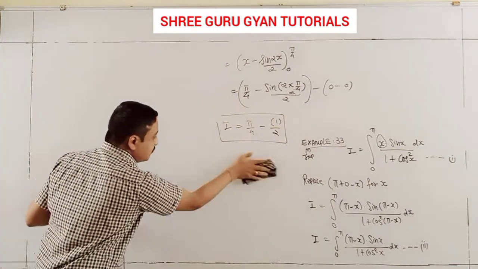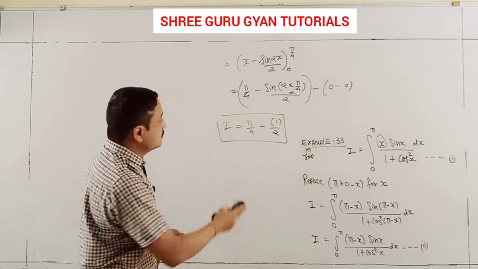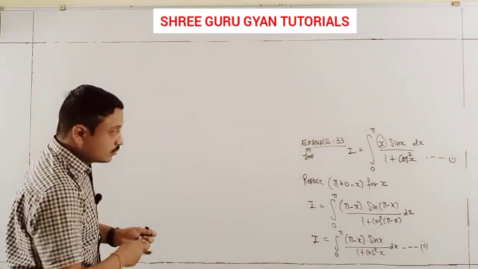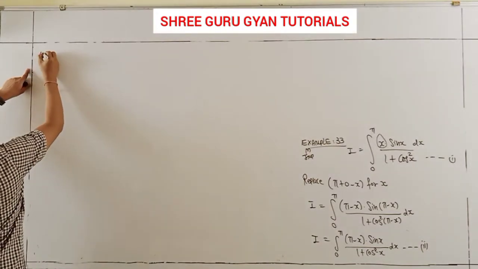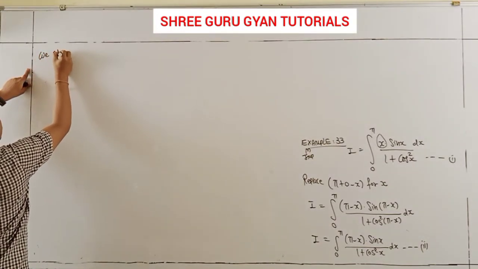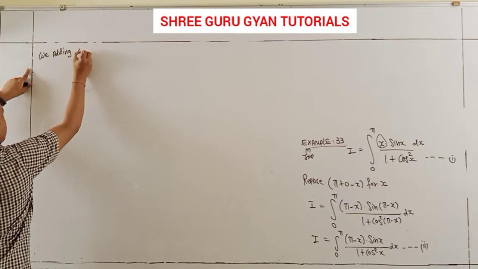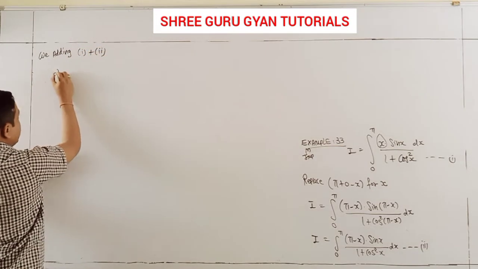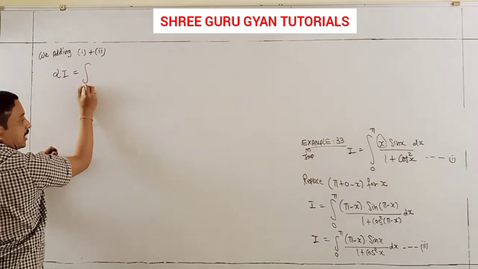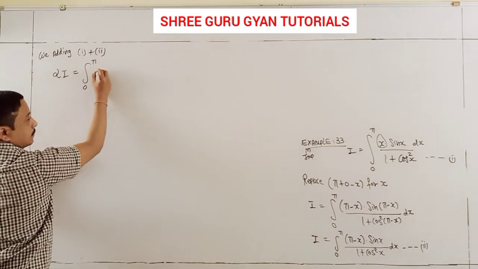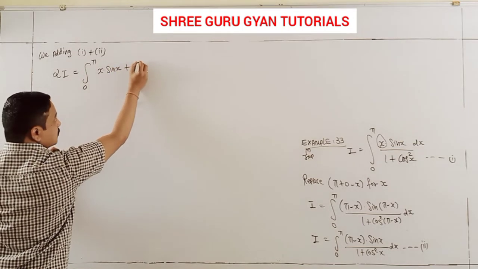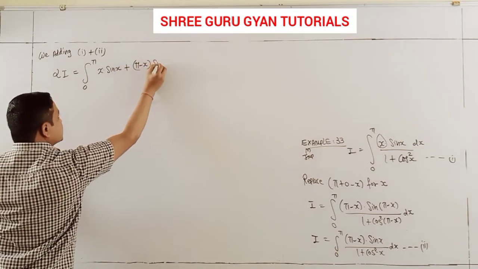So students, I simply add 1 and 2. So adding 1 plus 2, what is it? It is 2I. Other side I have integral 0 to pi, x sin x plus pi minus x sin x.